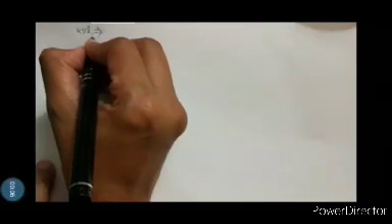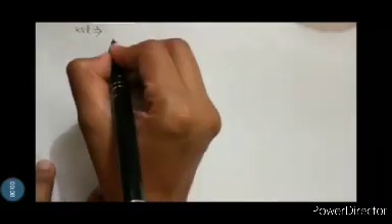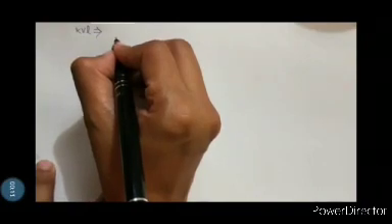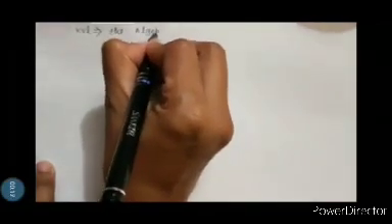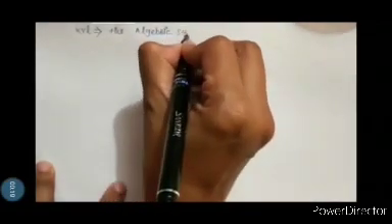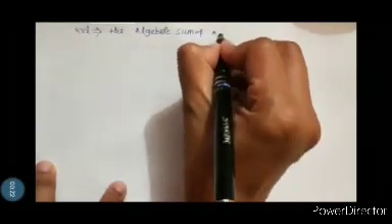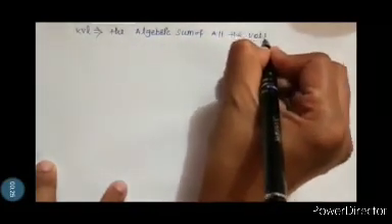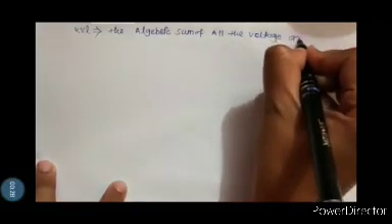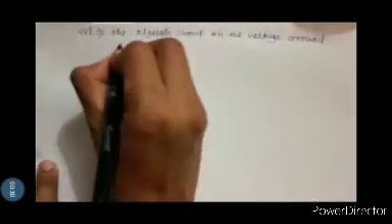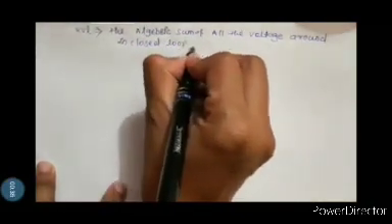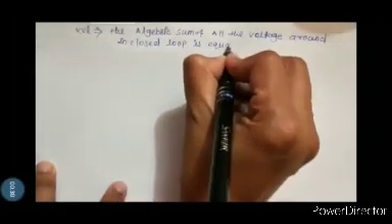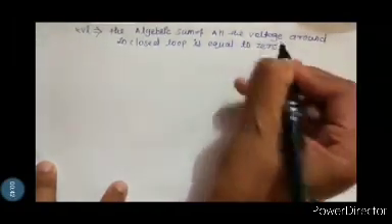KVL. Students, the full form of KVL is Kirchhoff's voltage law. As an engineer, first we see the definition of KVL. The algebraic sum of all the voltages around a closed loop is equal to 0.